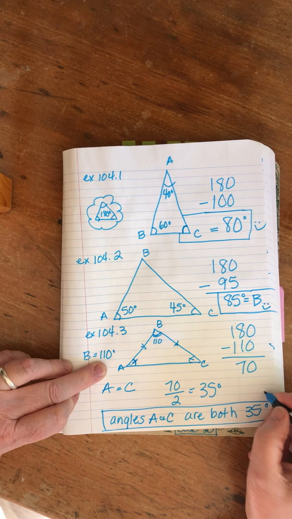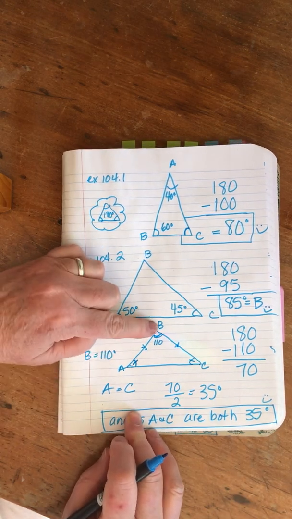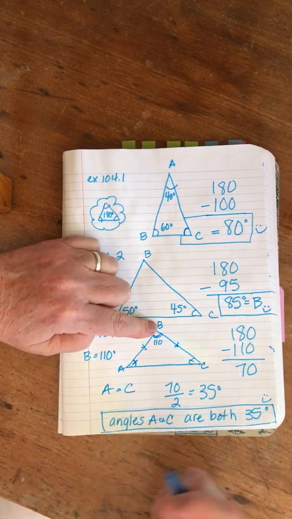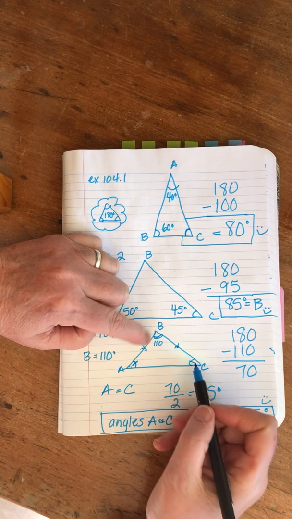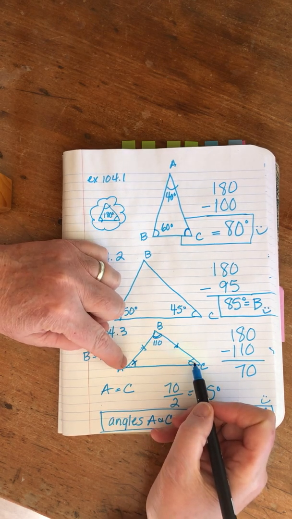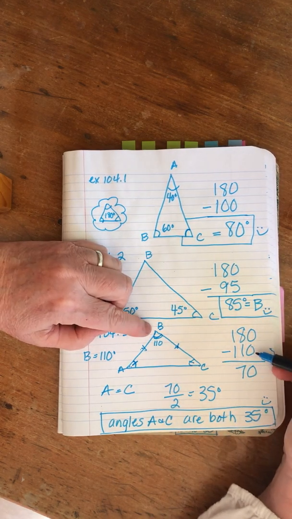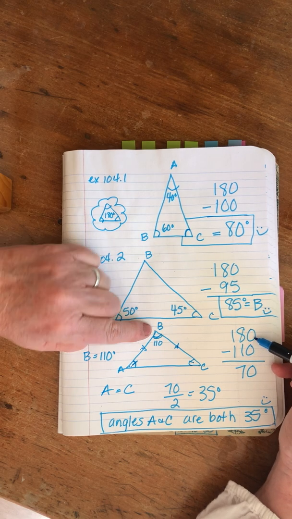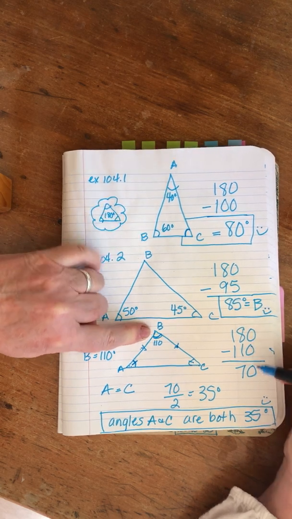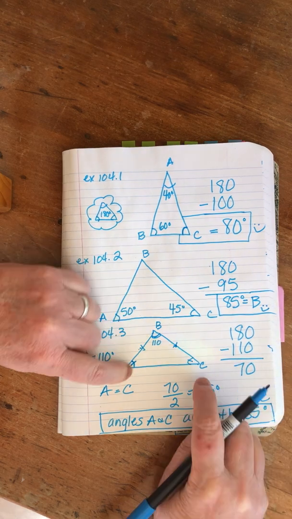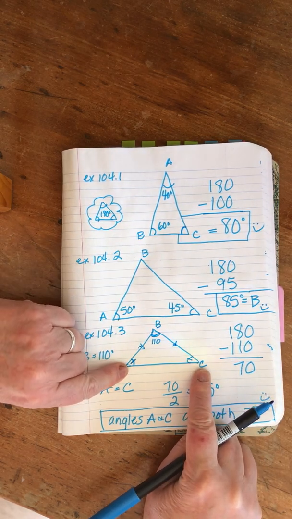Does that make sense? It's kind of a fun little trick, right? This is the oddball angle. These two sides are equal, so that means their angles are equal. B is 110, so we subtract that from the 180 total. That gives us 70 degrees left to play with for the two of these angles together.